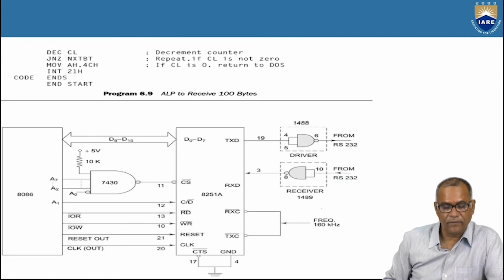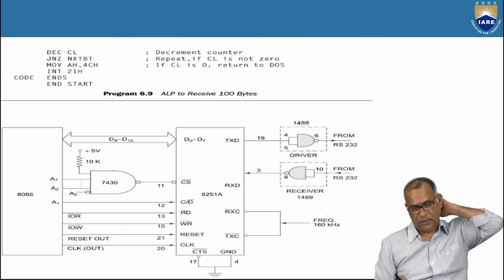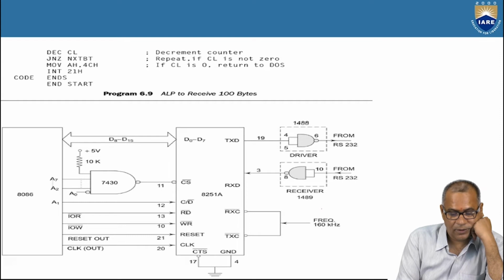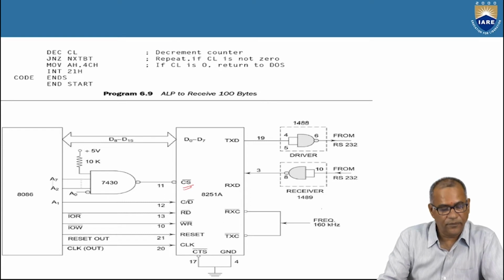And here this is a hardware circuit. The hardware circuit, see, the chip select signal is connected to A1 to A7 lines.